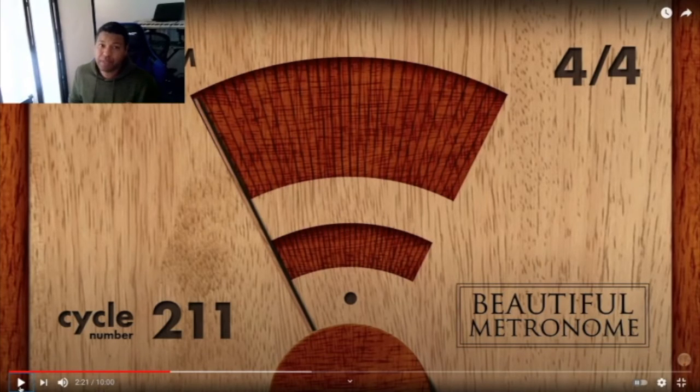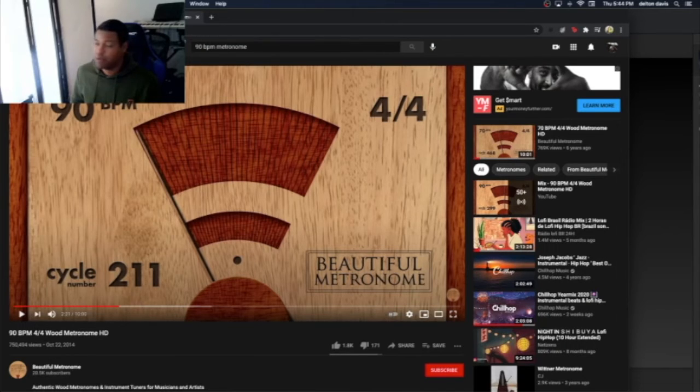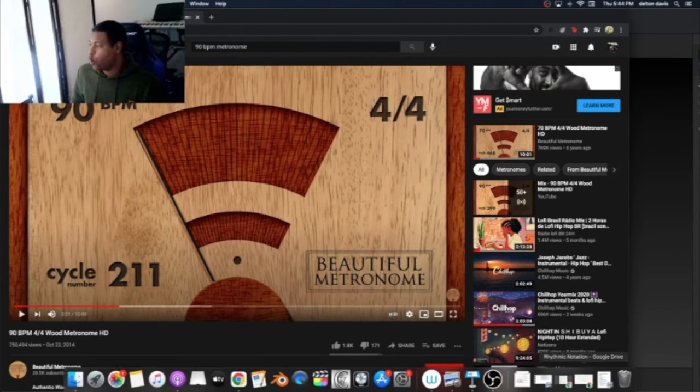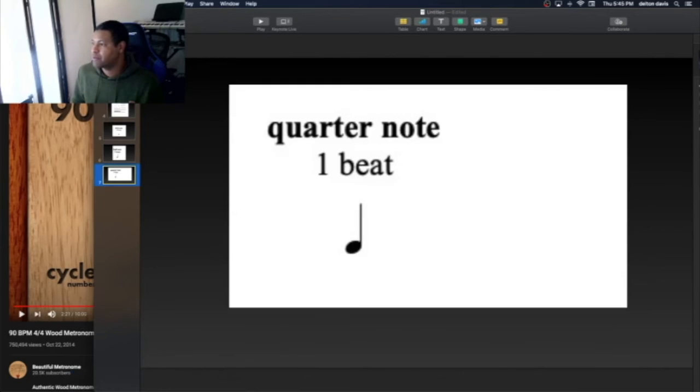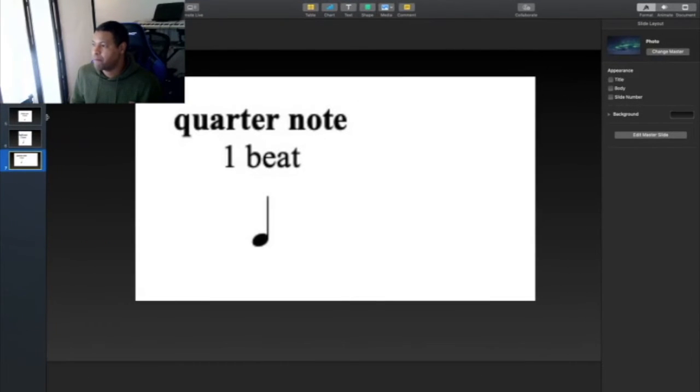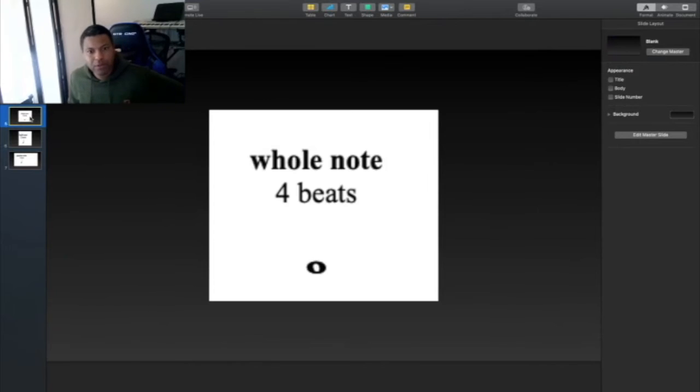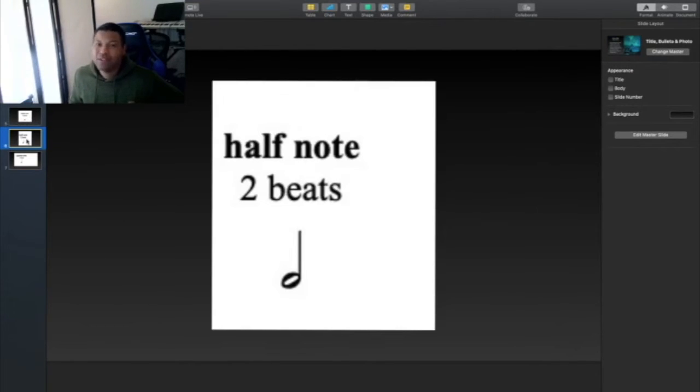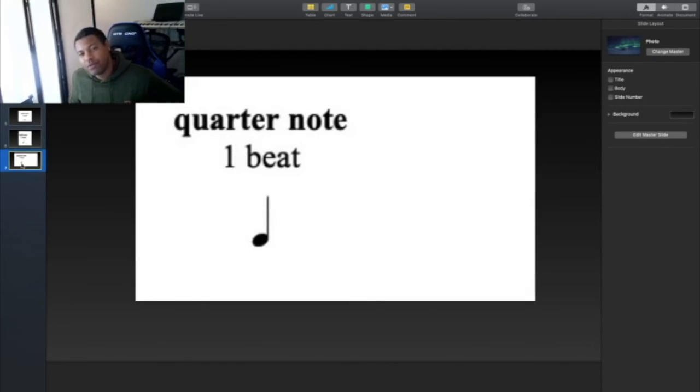A half note receives 2 beats of sound, and a whole note receives 4 beats of sound. If we just do a quick review here: whole note, 4 beats of sound; half note, 2 beats of sound; quarter note, 1 beat of sound. Notice the symbol for each of these.